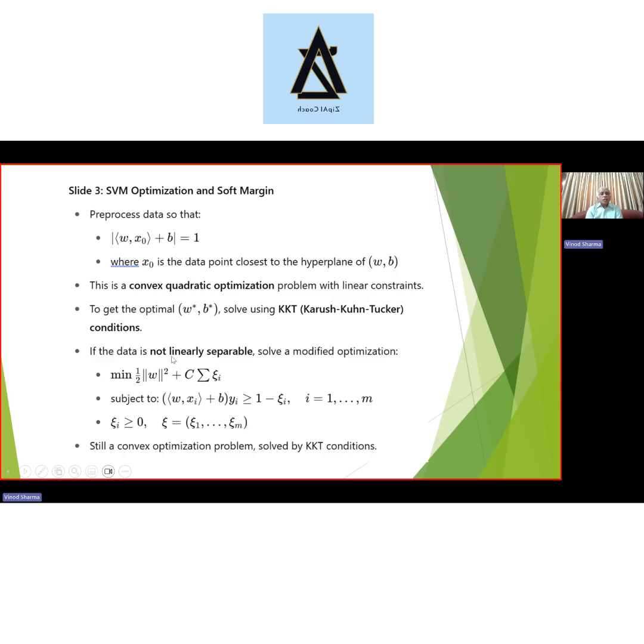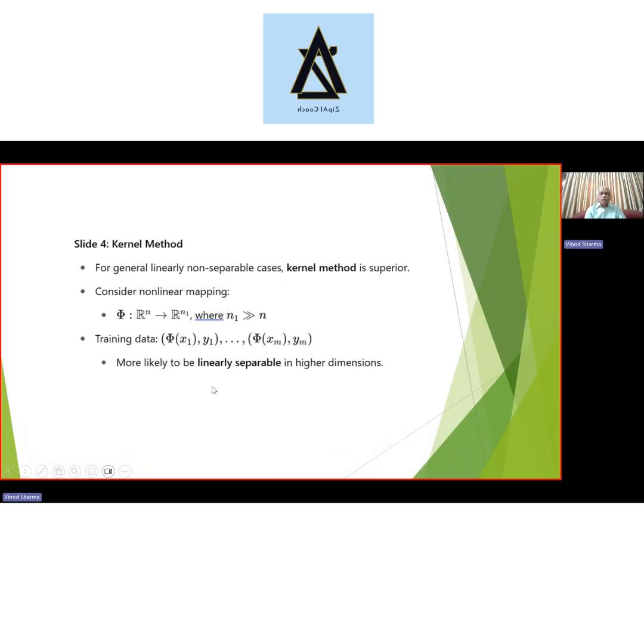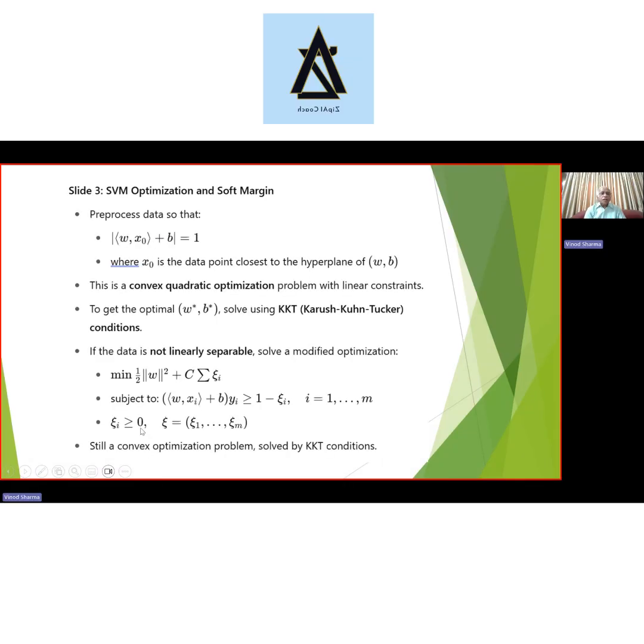If the data is not linearly separable, in other words, there is no W and B which will classify the whole data correctly, then we modify the above optimization problem into minimizing this function. Here, earlier the minimum was over this only. Now you add to this another term, plus C summation of zeta i, where zeta i are non-negative, and the constraint that we satisfy is this. This is the previous function. And earlier the constraint was greater than or equal to 1.